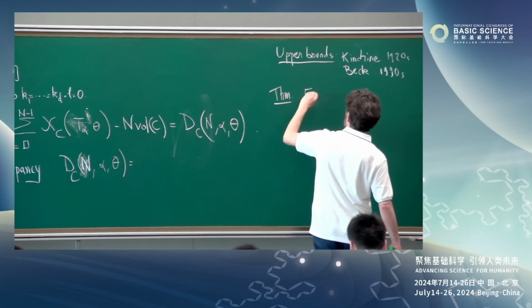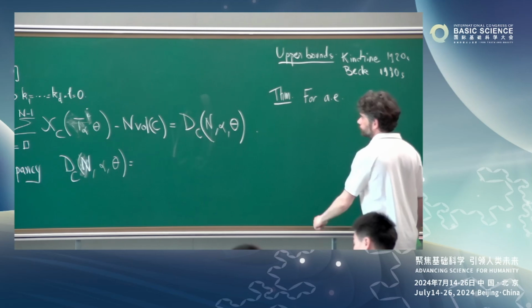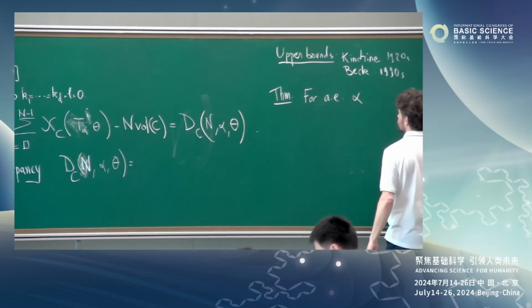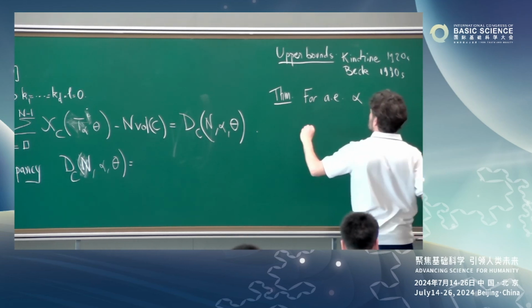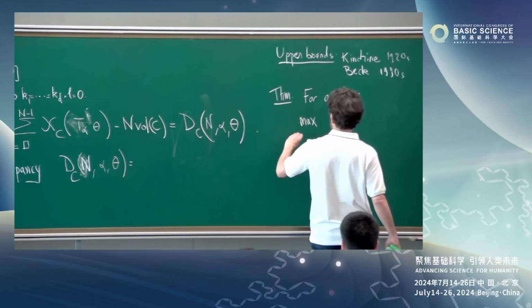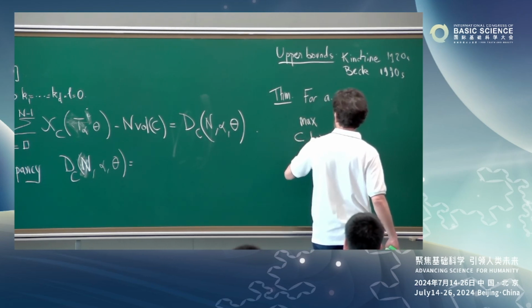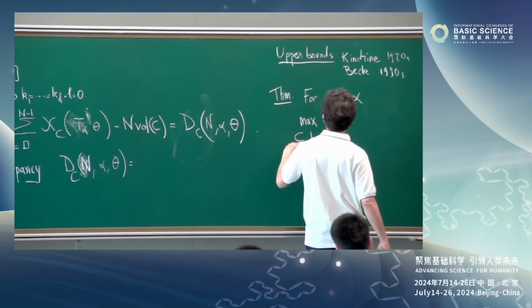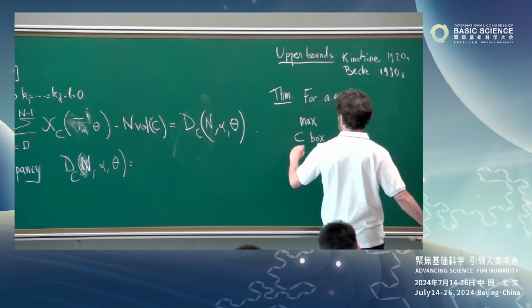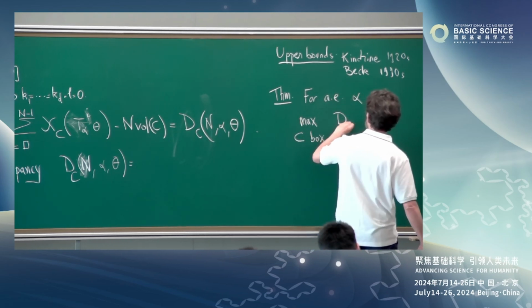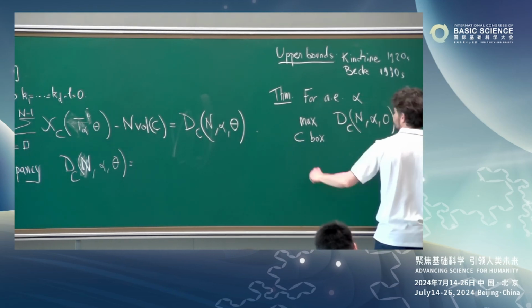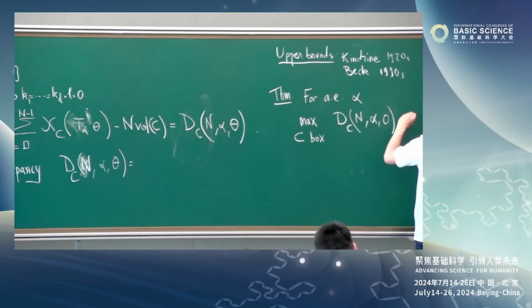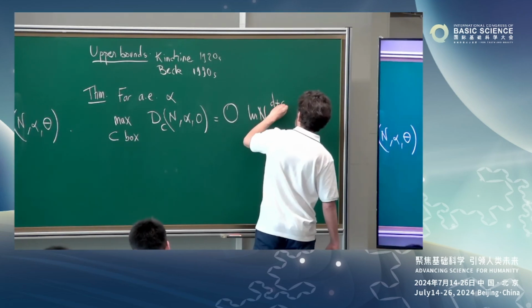For almost every alpha, the maximum over C being a box of D_C(n, alpha, 0) is a big O of (log n) to the power d plus epsilon.